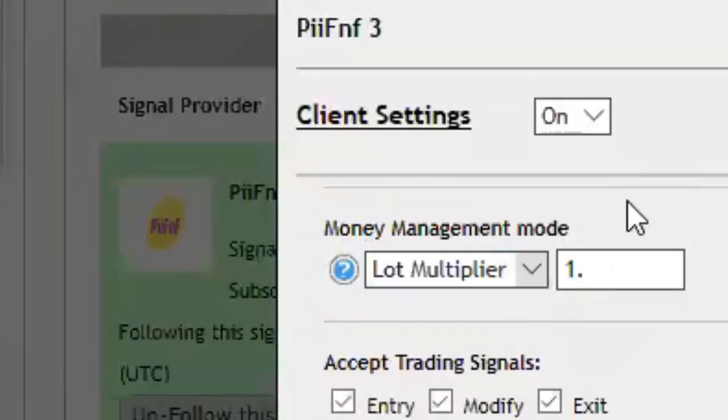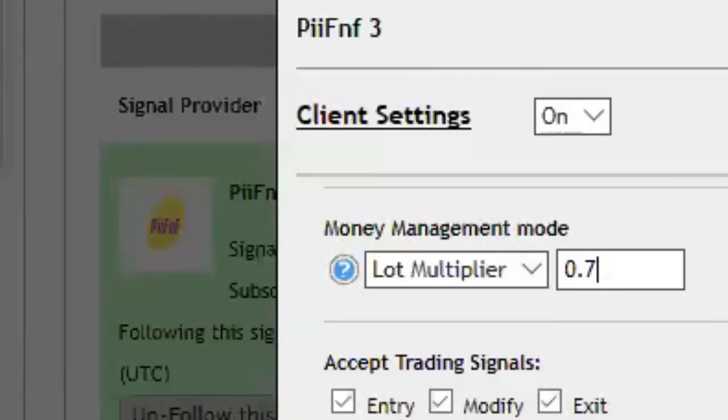So multiply up, for example, 1.8 times the lots the signal provider uses on all his trade pairs, or perhaps you only want a lower lot size than the signal provider, say 0.7. So regardless of the lot size or instrument pair, it will be copied in at 0.7 times the lot size of any instrument opened by the signal provider, and it will be copied into your account.